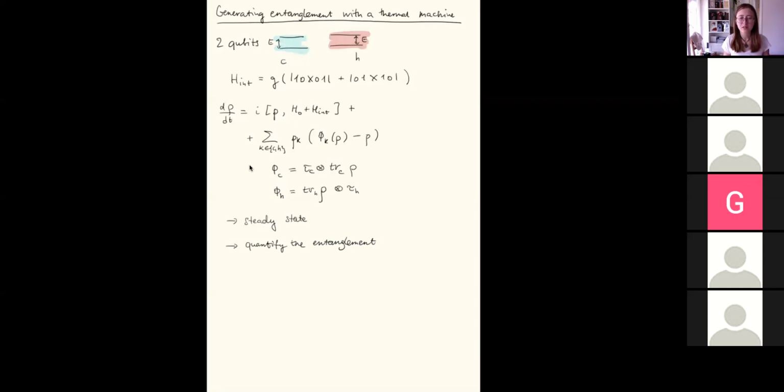However, because the coupling to the bath happens only with a particular probability, we still have a chance that some correlations between these two qubits are preserved. And initially, these correlations are, of course, generated by this interaction Hamiltonian. But now we want to see how good these correlations are. Okay, and for this, you'll need to use concurrence.